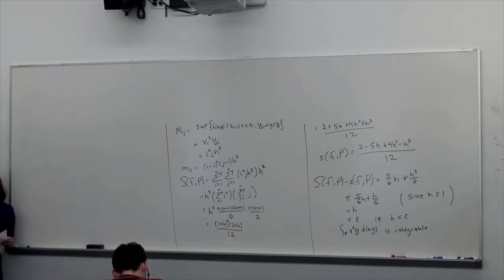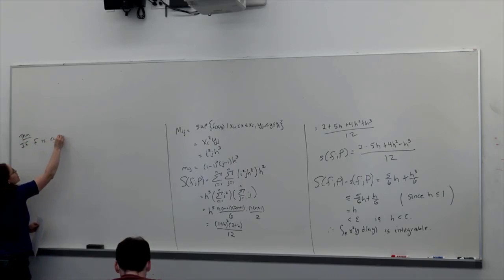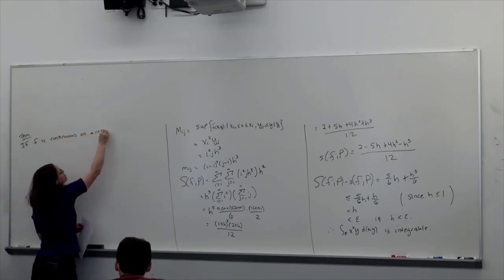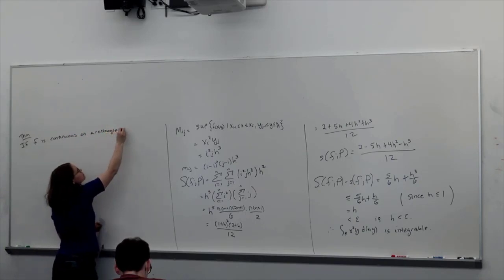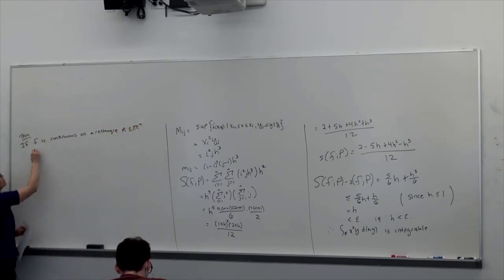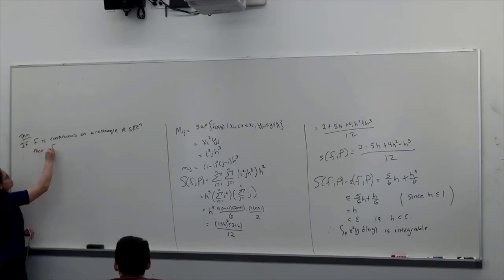Continuity just means the function values can't change too much on each subinterval, and so we can always force things less than epsilon. So if f is continuous on a rectangle, then it's integrable.